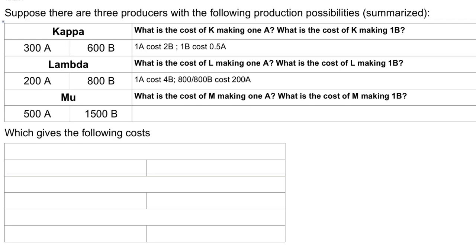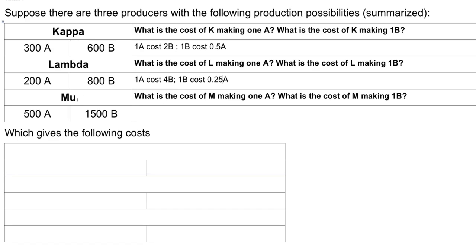We also take the 200 A's and divide that by 800 to make sure that there's symmetry on both sides of that cost equation, if you will. And so 800 divided by 800 is going to give us 1B. 200 divided by 800 is going to give us 1/4 of an A. 1/4 of an A, of course, is 0.25 of an A.